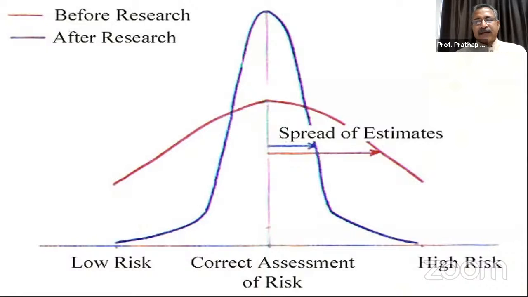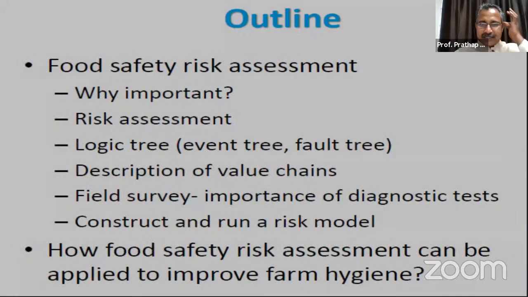When a specific risk assessment is conducted, you can see in the graph that the actual correct assessment of risk leads to an actual spread of estimates, with a small number of high risk and a small number of low risk, and a high number of actual correct assessments of risk.